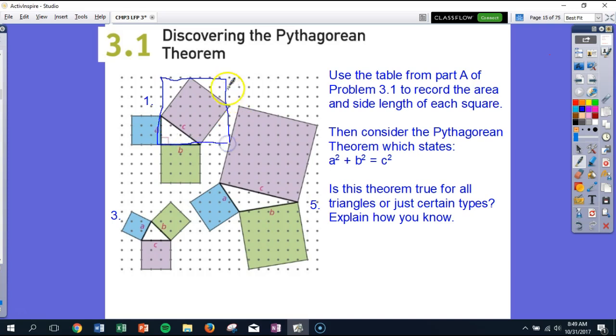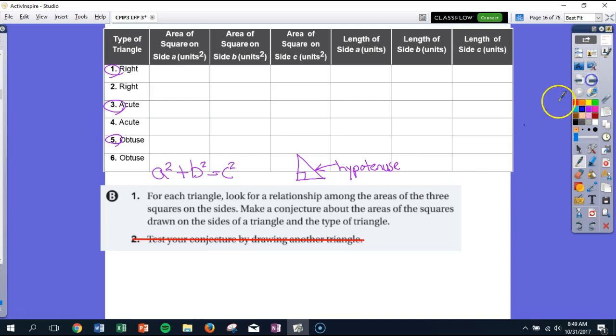Remember, we find the area of the big square and then subtract out the triangles. All this triangle area we need to subtract out. That gives us the area within the diagonal square. And if we take the square root of that, that gives us the side length of side C. I want you to do that for all three of the triangles.